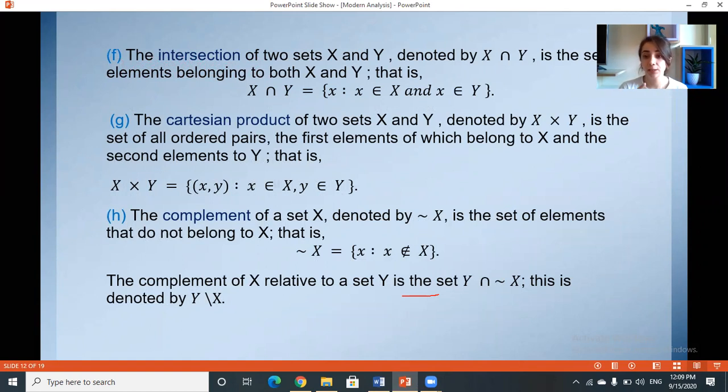The Cartesian product. What about the Cartesian product of two sets? It is the set of all ordered pairs.